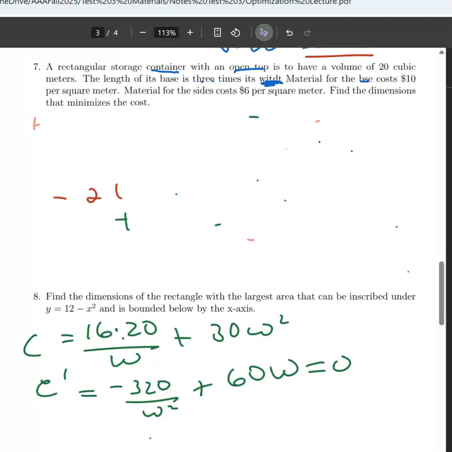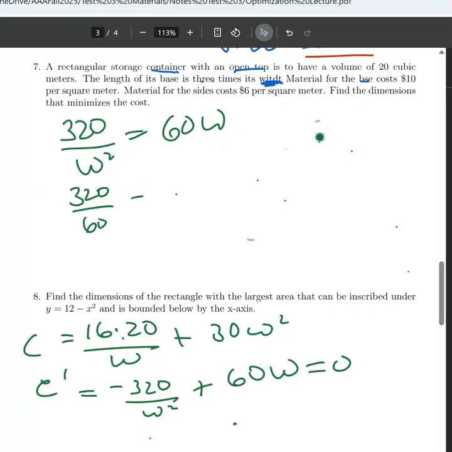Okay, so I'm setting it equal to 0. So I know this will give me 320 over W squared equals 60W. So I get 320 divided by 60 is W cubed. So 32.